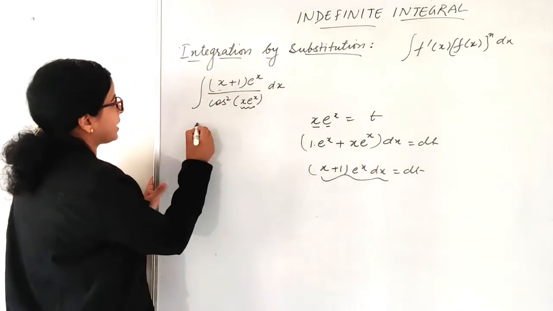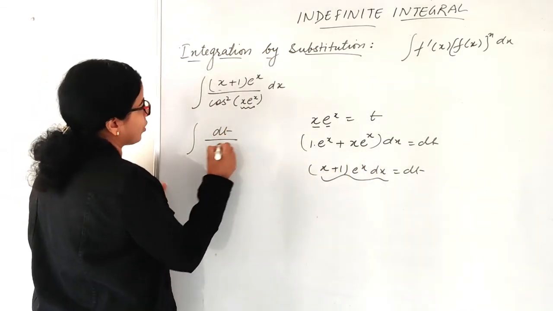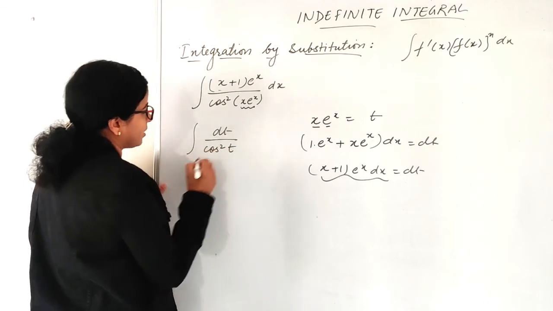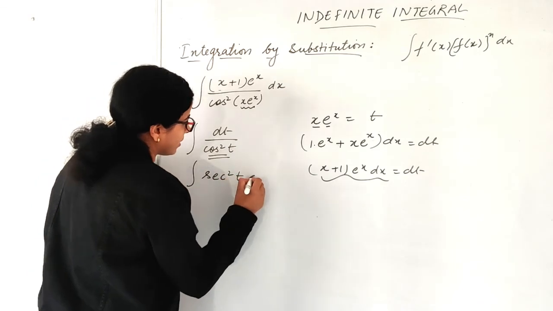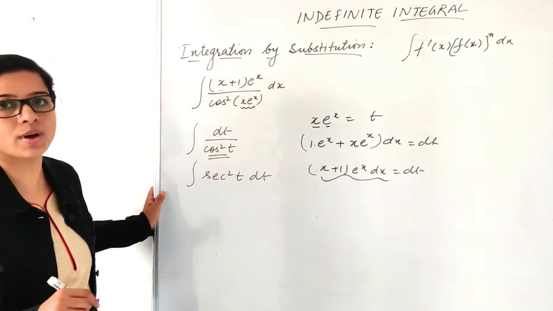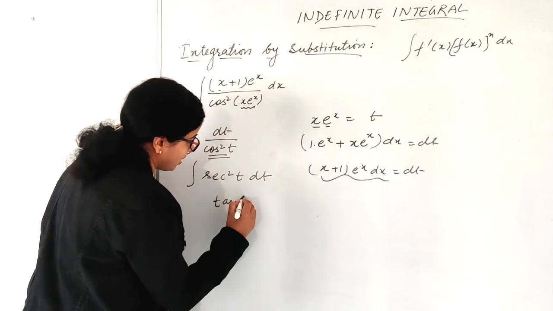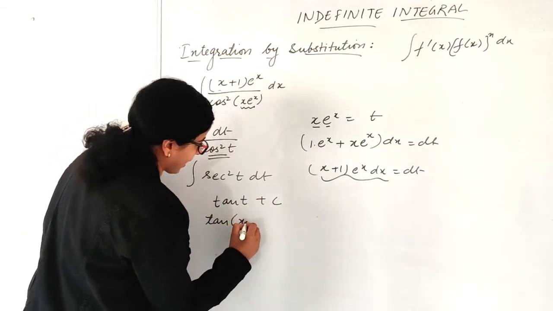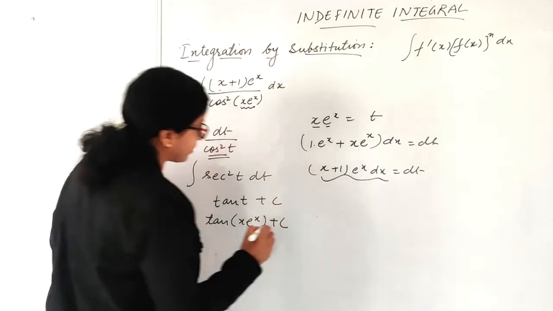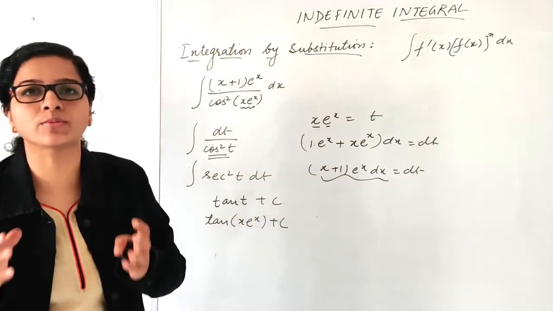So what am I going to write here? dt upon cos square t. Now, this can be written as secant square t dt. What is the integral of secant square? tan t plus c. Substitute the value of t. tan of x e^x plus c. See, by substitution the integration becomes so easy.